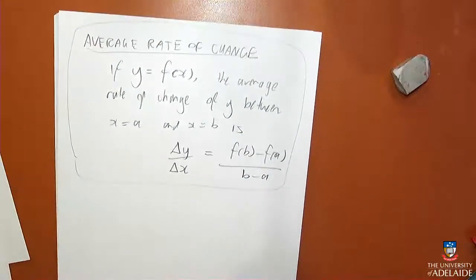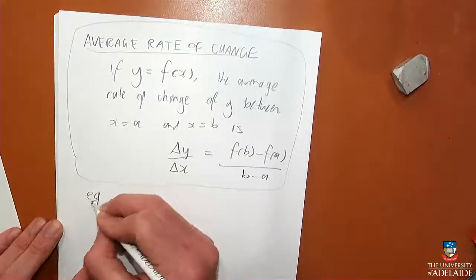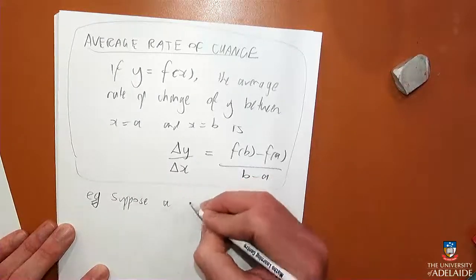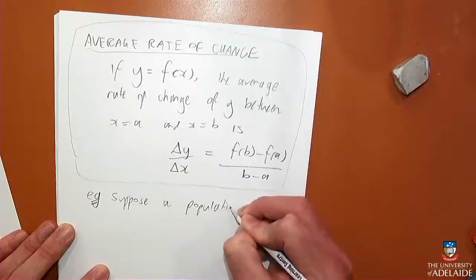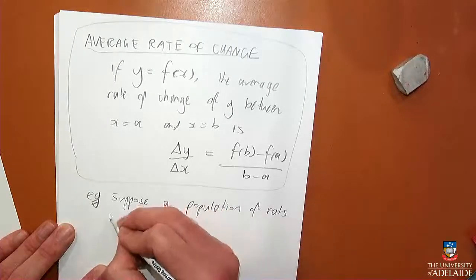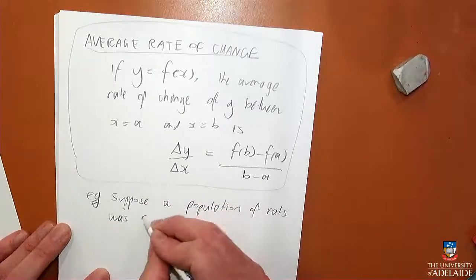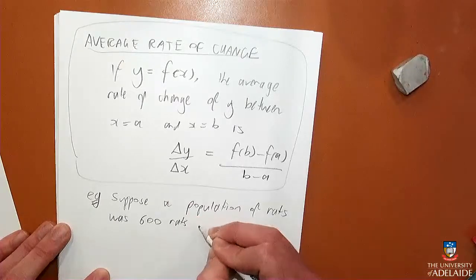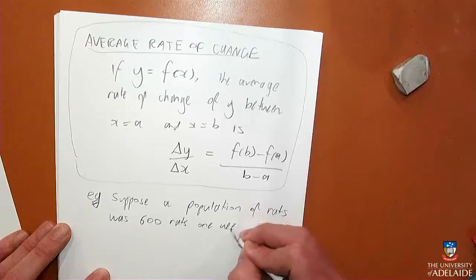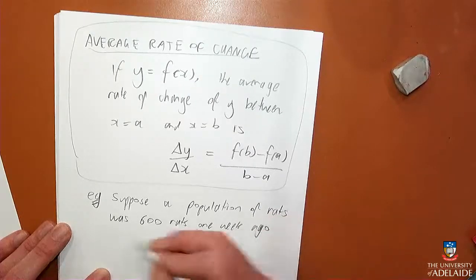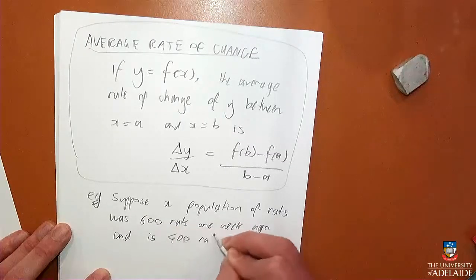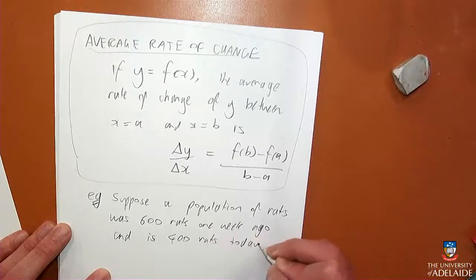So for example, suppose a population of rats was 600 rats 1 week ago and is 400 rats today.